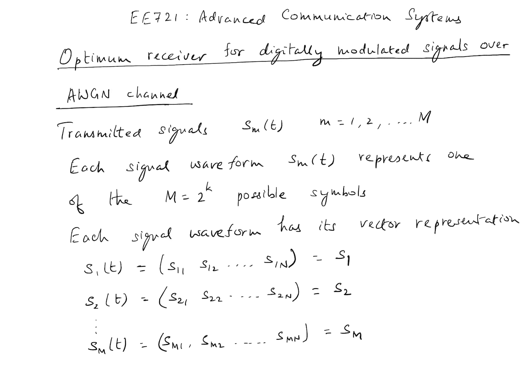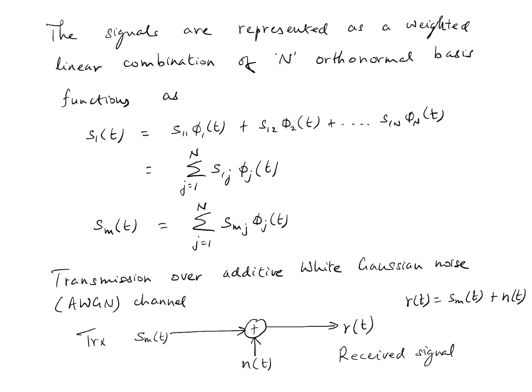Like that we can represent all our M signals as vectors in an n-dimensional space, where the n dimensions or axes are given by the basis functions, and all the basis functions have unit energy and they are orthogonal to each other, so we call them orthonormal basis functions, and we have n such basis functions.